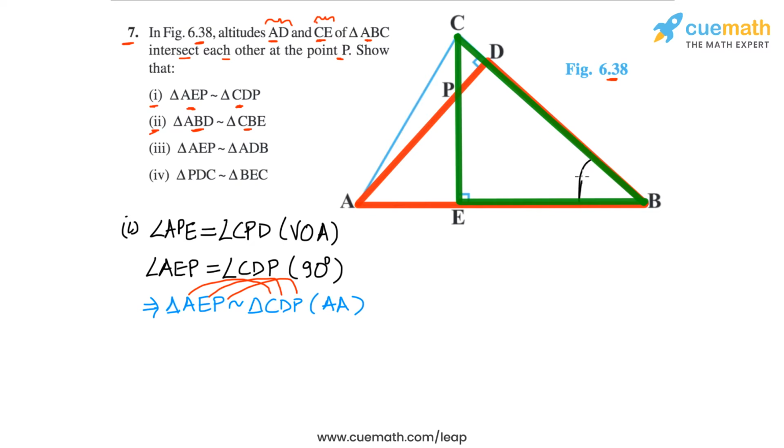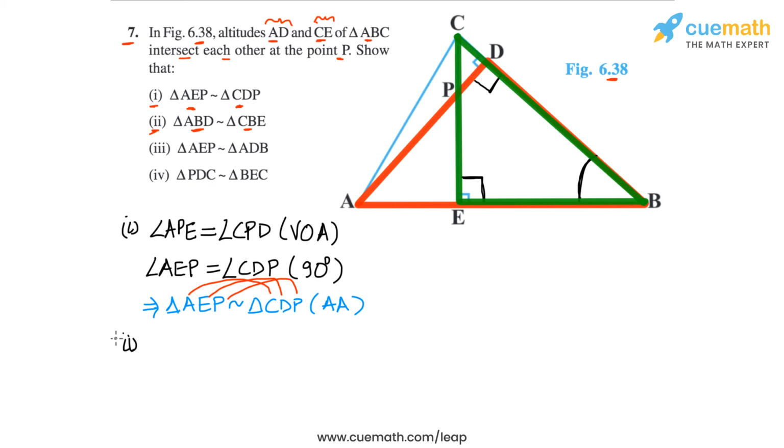So this angle here, the angle at B, this is common to both of these triangles, and this angle here in the first triangle, which is angle ADB, is 90 degrees, and so is angle CEB, which is this angle here. This is also 90 degrees. So we have two equal pairs of angles.